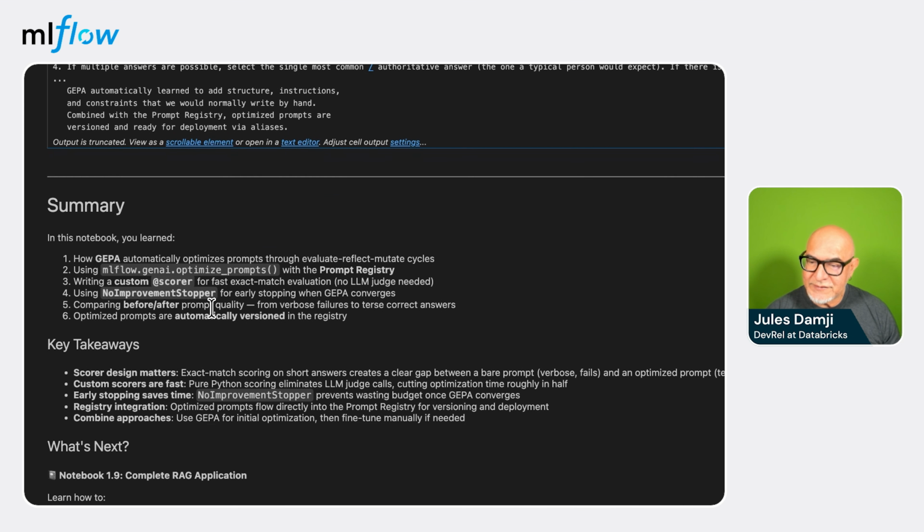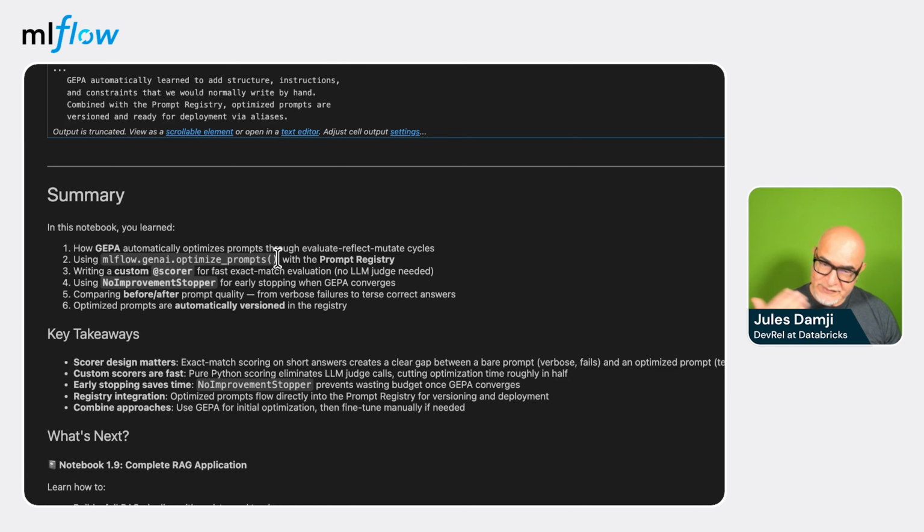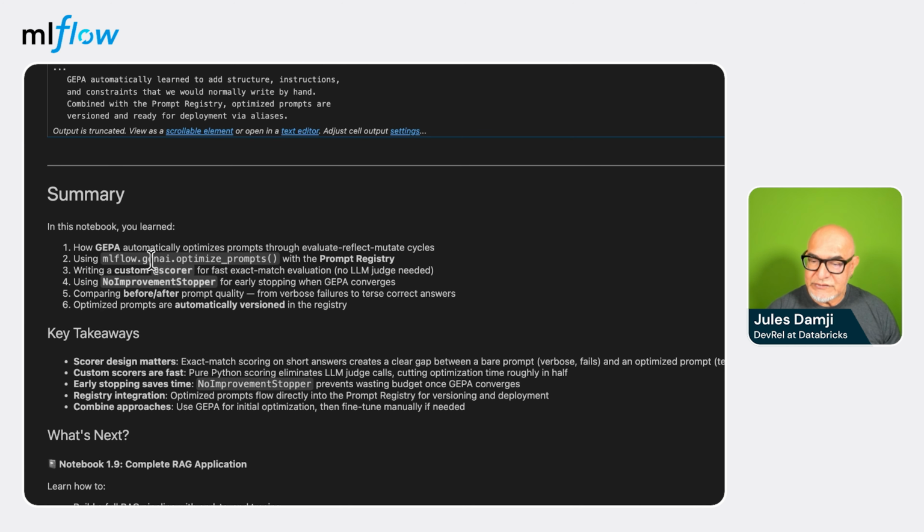So in summary, what we did over here was we used GEPA, which is the genetic Pareto algorithm, to optimize prompts through repetition called evaluate, reflect, mutate cycles. We used MLflow GenAI for prompts, which is a built-in integrated function. And we used Prompt Registry to register both the baseline and the optimized prompt.